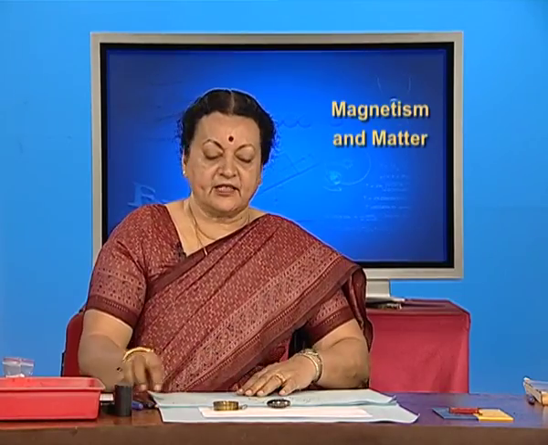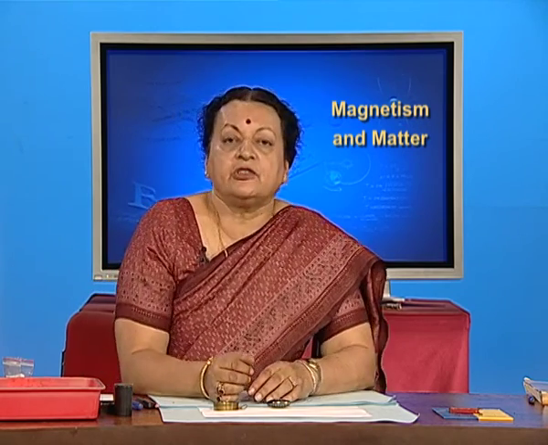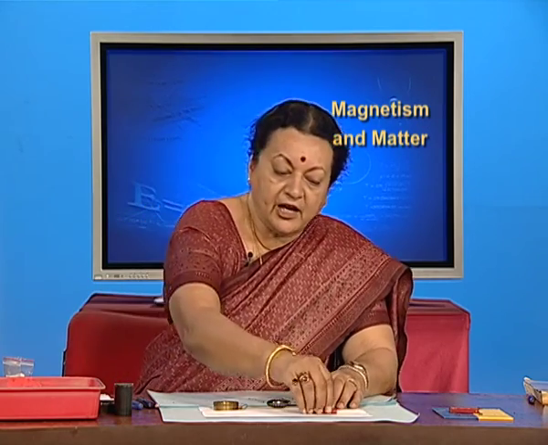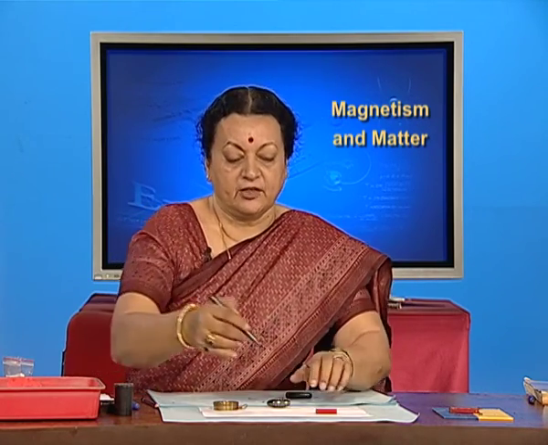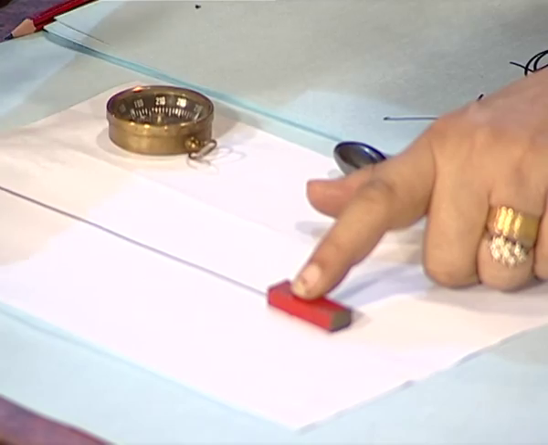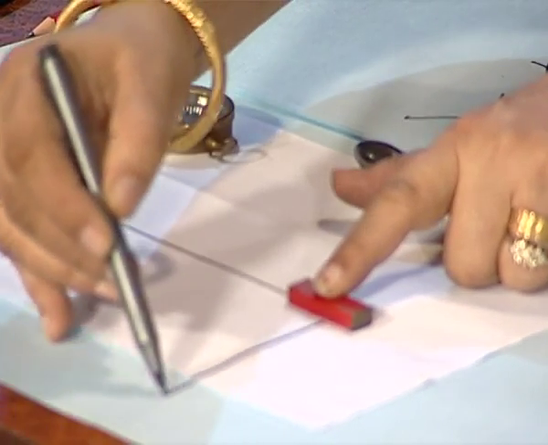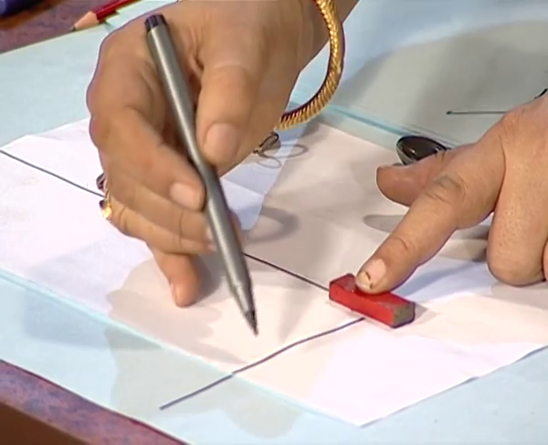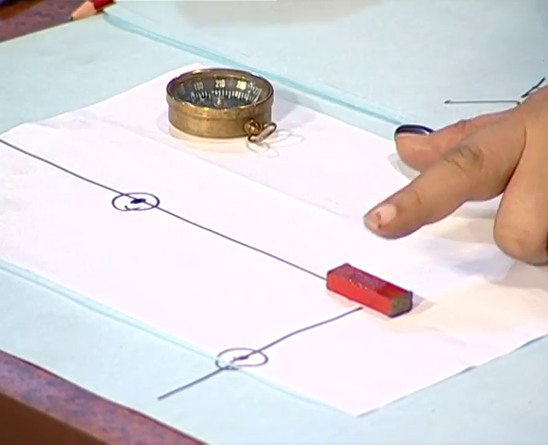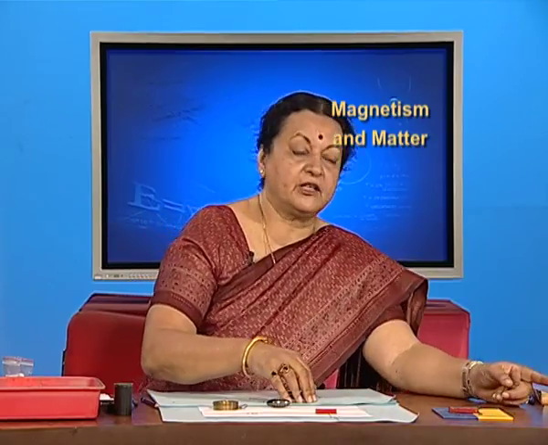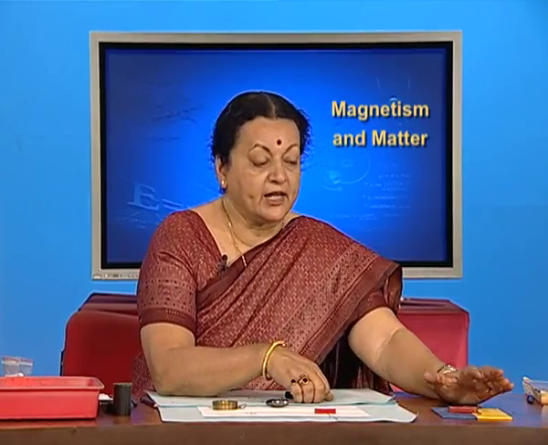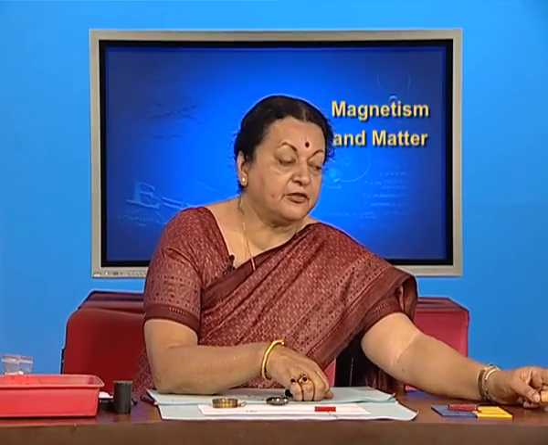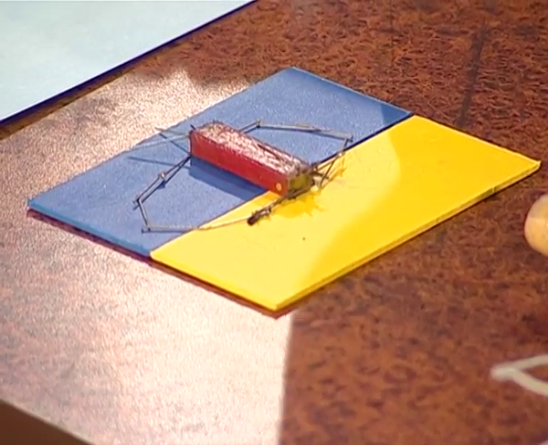We can take this idea from here and use it to calculate the magnetic field due to a bar magnet along two lines, one along its axis and along the line which is perpendicular to this axis. What will be the magnetic field at this location or at this one? In order to do that, I have over here an experiment which shows you the magnetic field lines because of a magnet and the field lines that are produced by a solenoid.